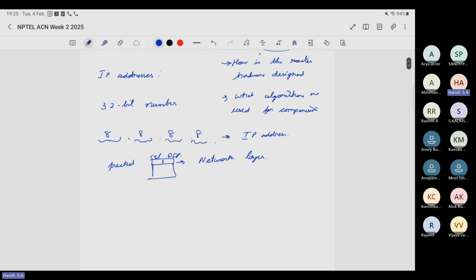So every packet has a network layer which has the source IP address and the destination IP address.